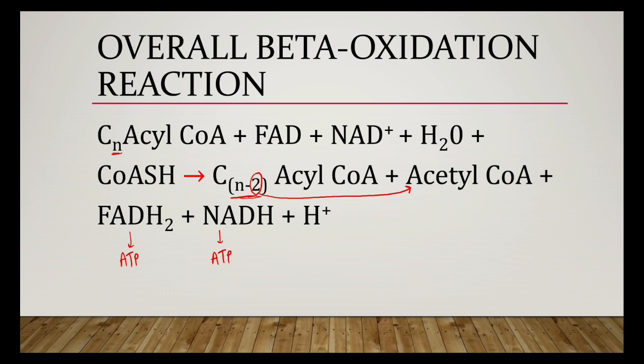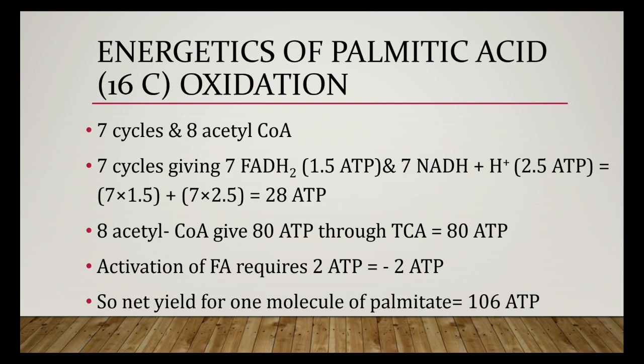So let's see the energetics if we are considering palmitic acid oxidation. Palmitic acid is 16 carbon fatty acid. So it will give 8 acetyl-CoA and there will be the requirement of 7 cycles. Now as there are 7 cycles occurring, they will give 7 FADH2 and 7 NADH plus H plus.